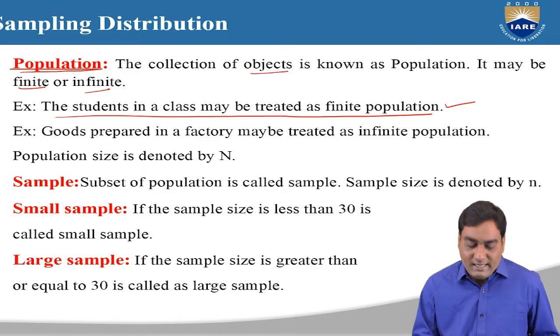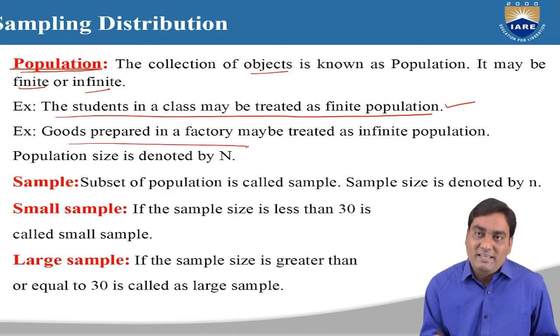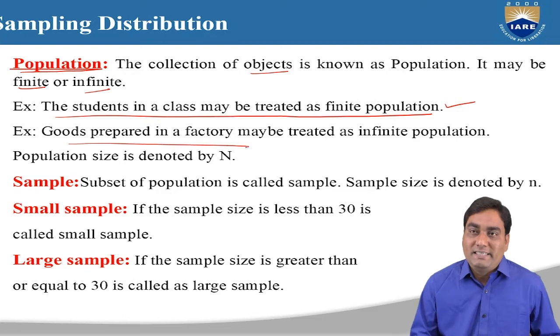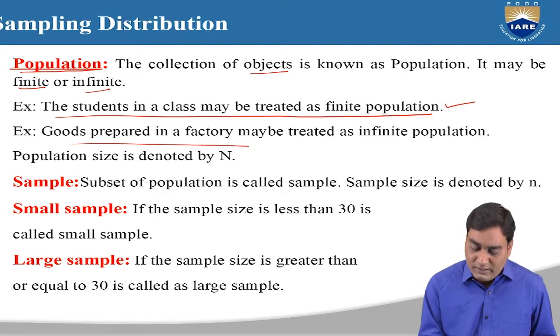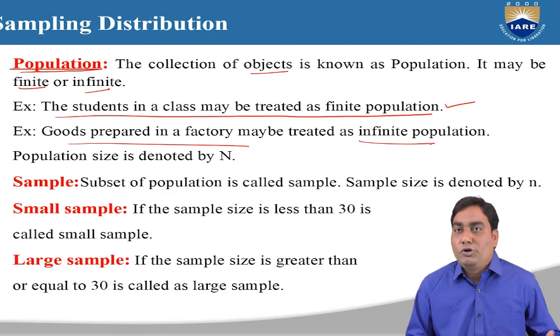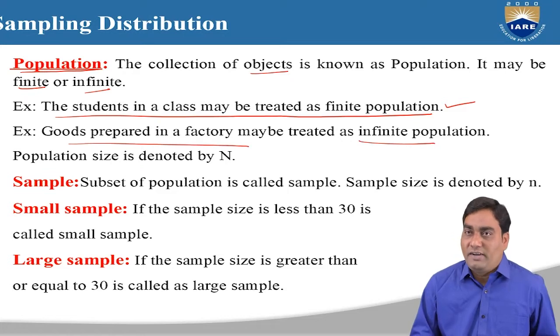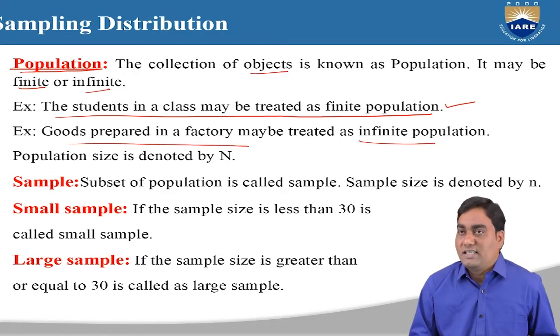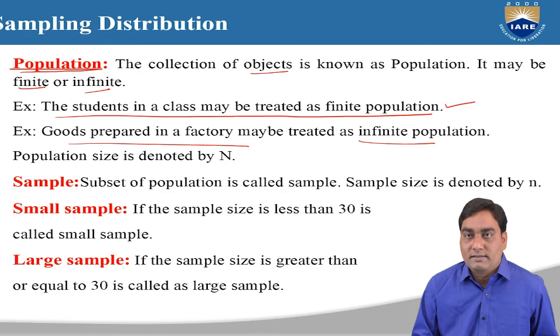Suppose if I take another example, the goods prepared in a factory may be treated as an infinite population because every day we are going to prepare the goods in a particular factory. We cannot count. Such types of populations are known as infinite populations.